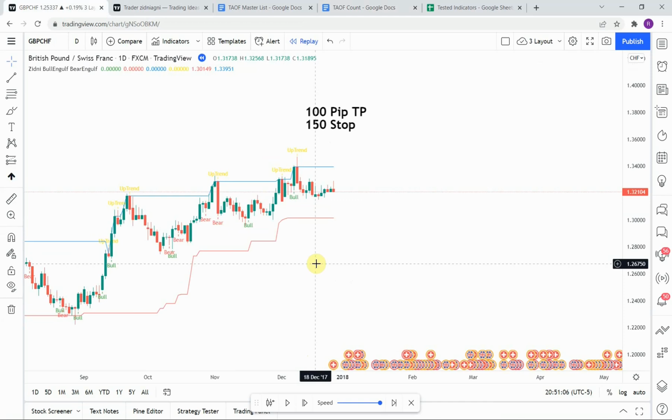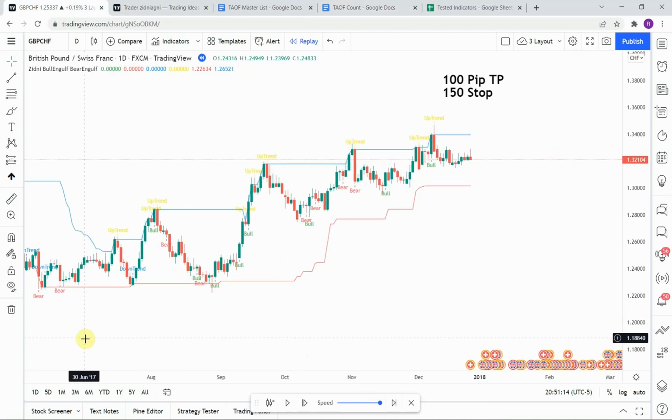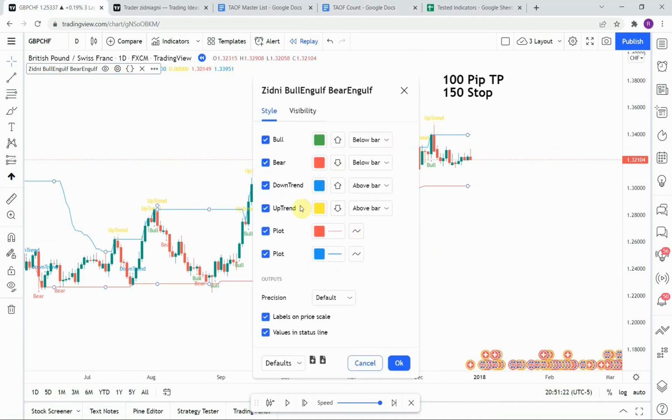Alright, so today's indicator is the Zidni BullEngulf BearEngulf indicator. There's a few different parts to this, and really what we are looking for are the tags. Let me go in and do this because it might be a tad bit hard to see.